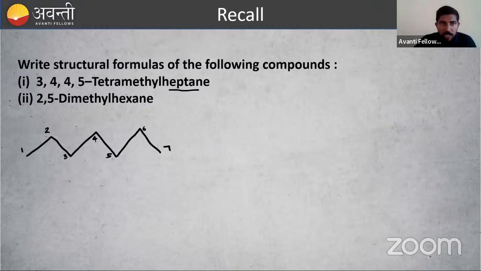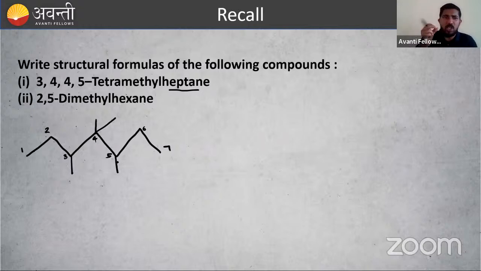In the third position, there is 3,4,4,5-tetramethyl, so there are 4 methyl groups. In the third position, there is a methyl group, so this single line means methyl CH3 is present. What about the fourth carbon? There are 2 methyl groups present. Then on the fifth carbon, there is 1 more methyl group present. So that is our answer.